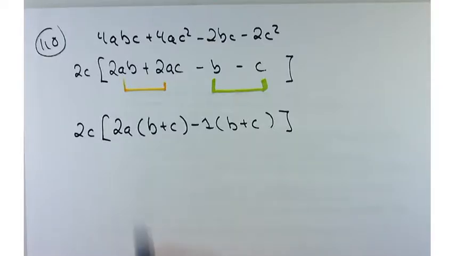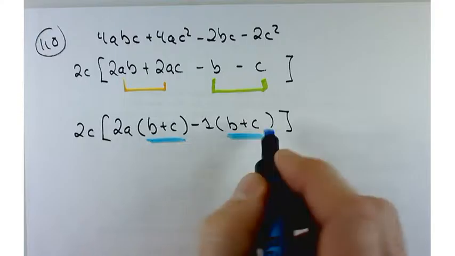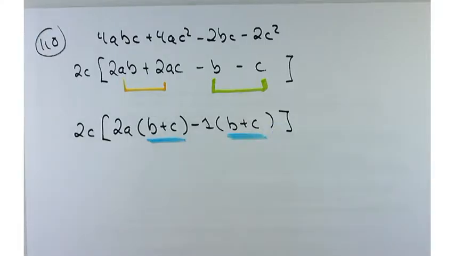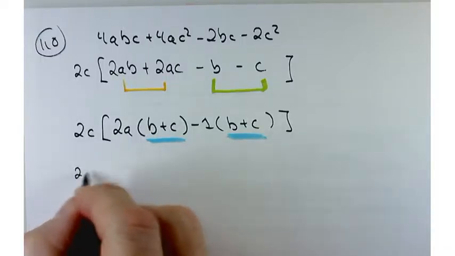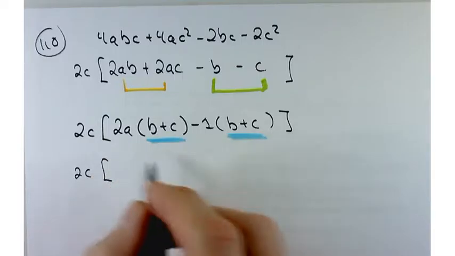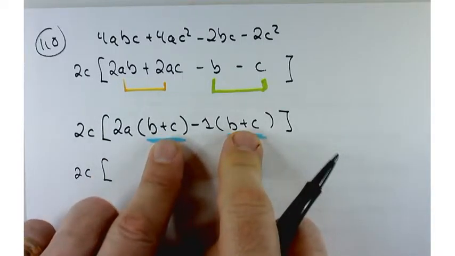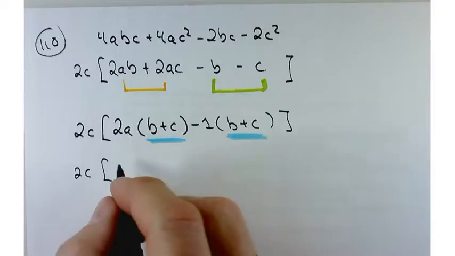Well, that's special, because b plus c is now a greatest common factor. We can go a little bit further here. That 2c stays out in front. But now b plus c is a GCF.